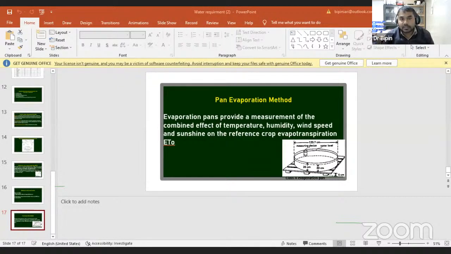There are different criteria now available that you can use to schedule irrigation, like soil water regime, climatological, and plant indices. These are the three major categories. Under the soil water regime, you have feel and appearance, depletion of available soil moisture, and soil moisture tension.